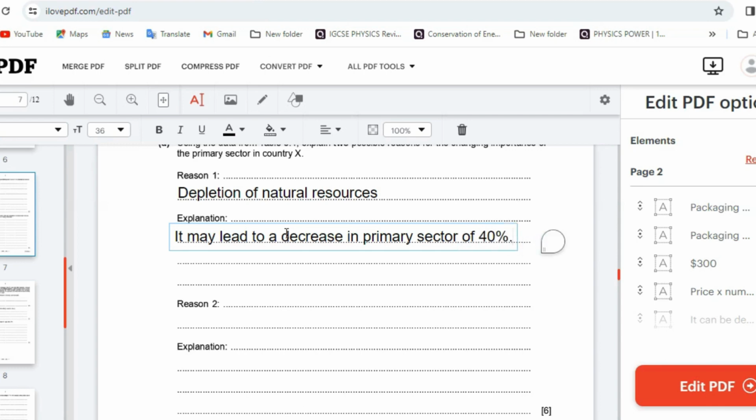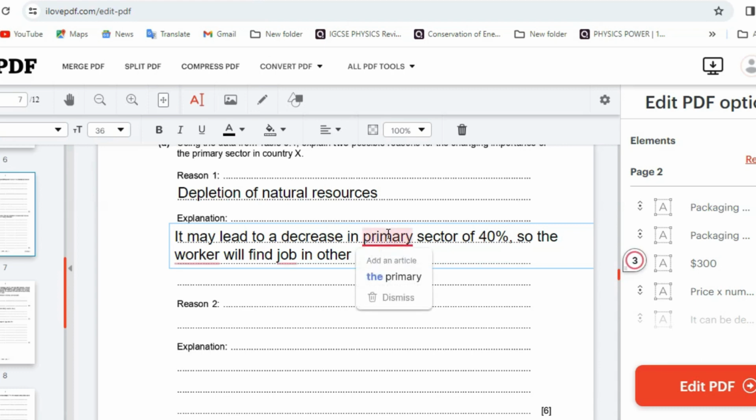So the worker will find jobs in other sectors, and they can also need to import resources too.